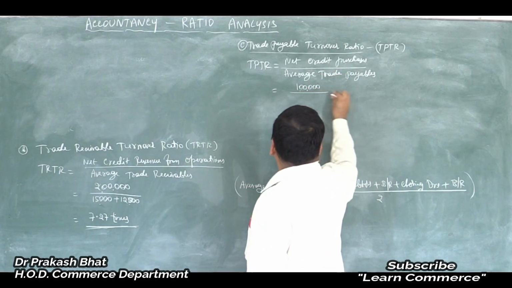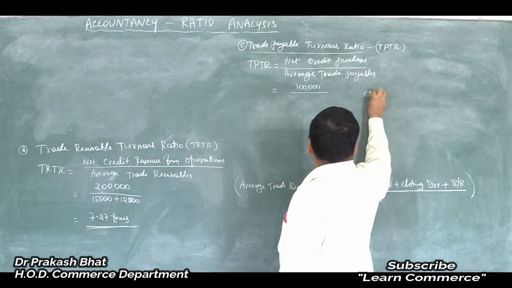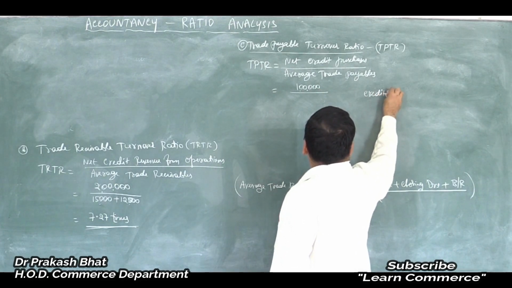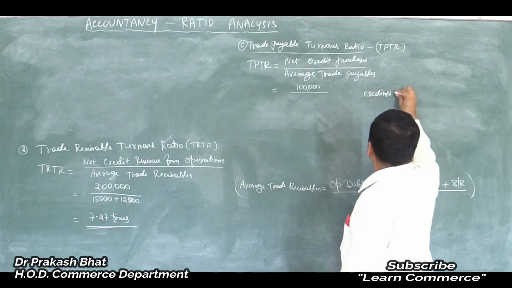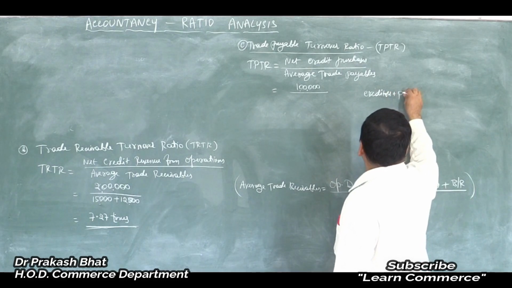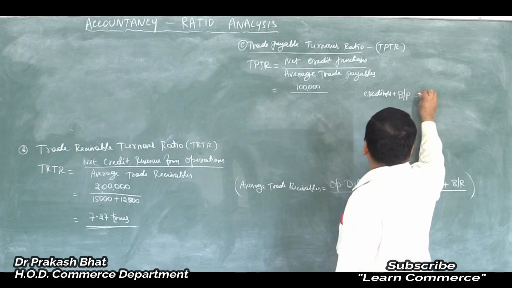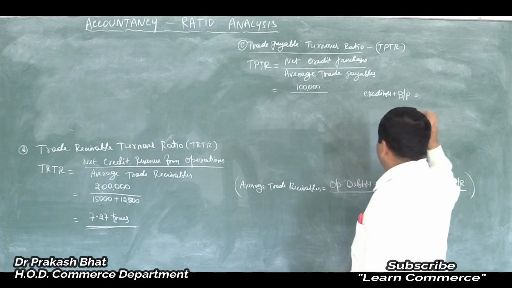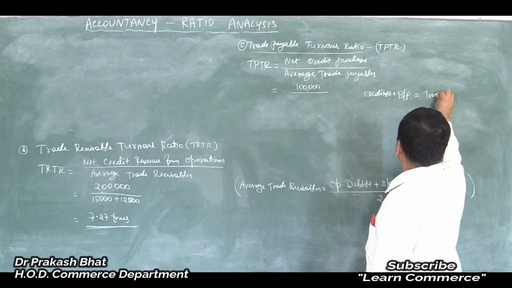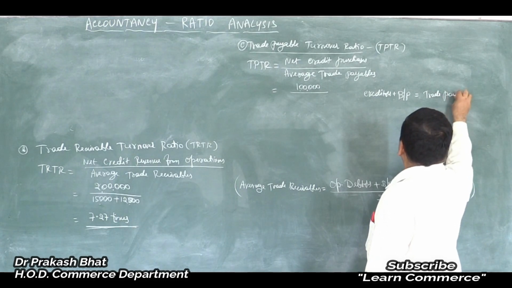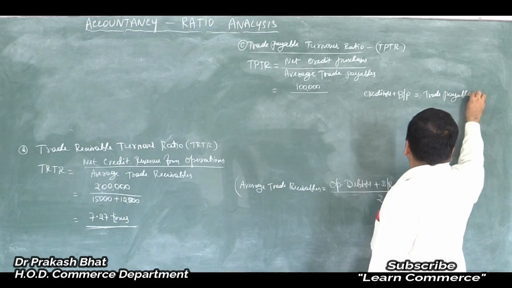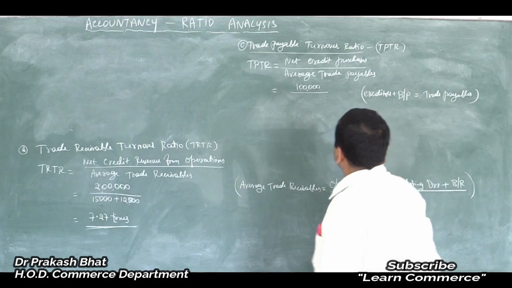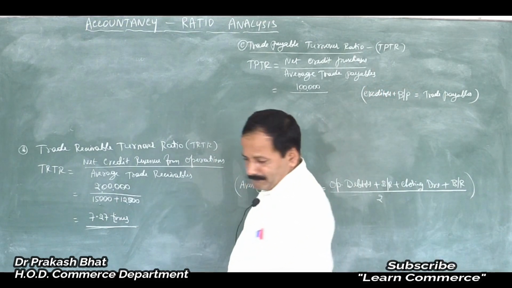Now, here creditors plus bills payable is equal to trade payables. Now substitute here.